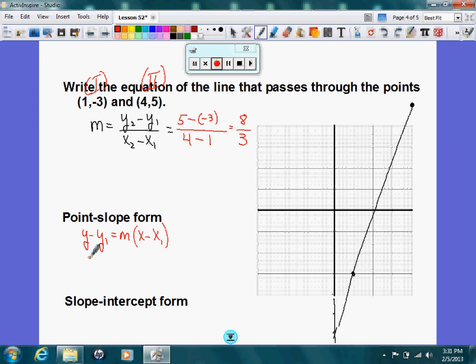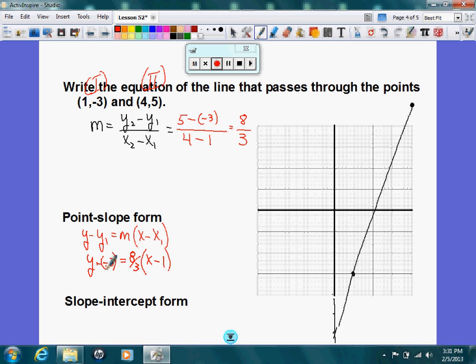So y minus y1, which one do you want to be y1? Well, since we've labeled this point as point 1, let's use minus 3 here. So we get y minus minus 3 is equal to the slope we already figured as 8 over 3 times x minus x1, and x1 was 1.